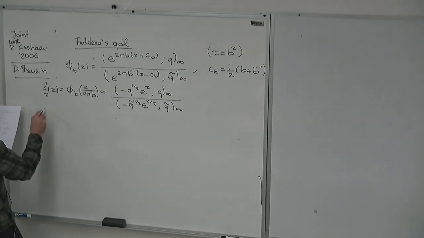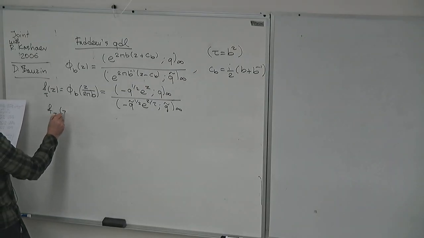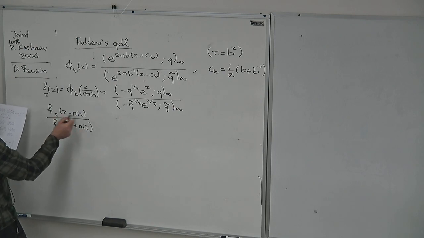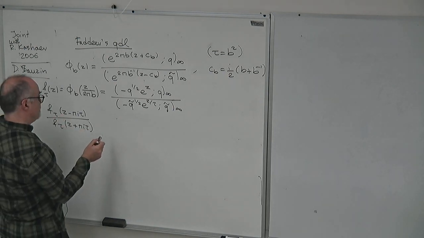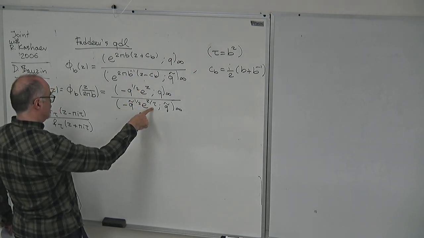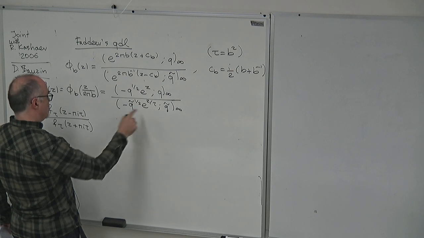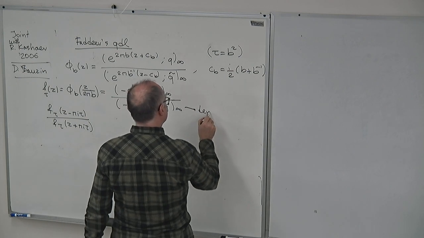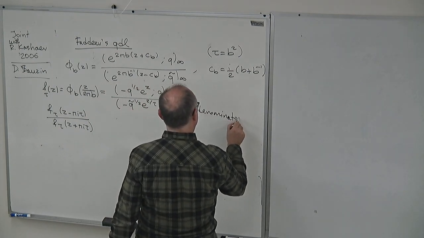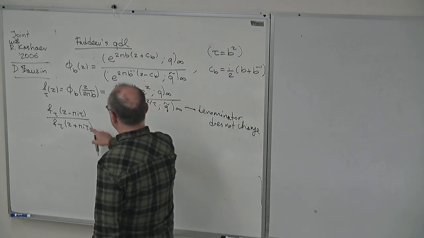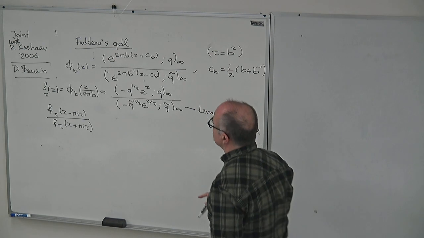And you can see that z minus pi i tau over z plus pi i tau. So if you shift z by pi i tau, the denominator is common. So here the denominator does not change by this shift, because it's z over tau.